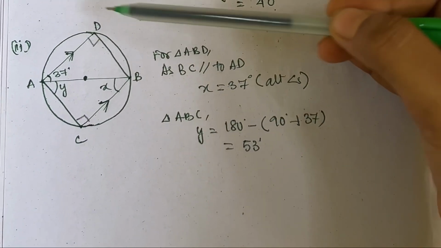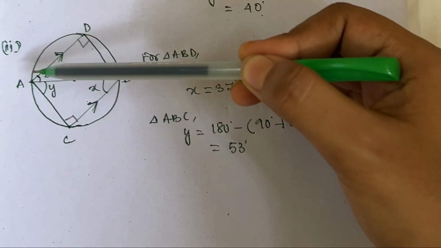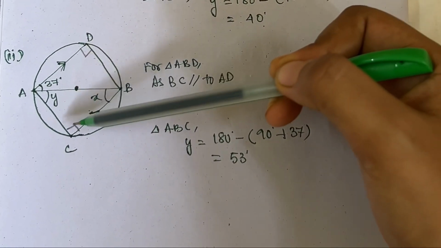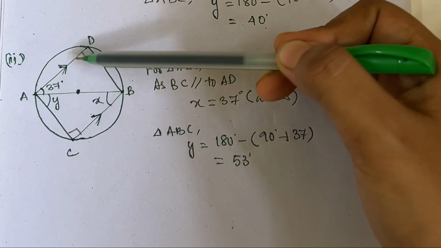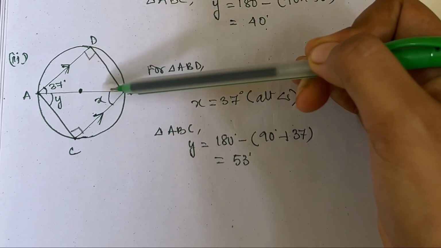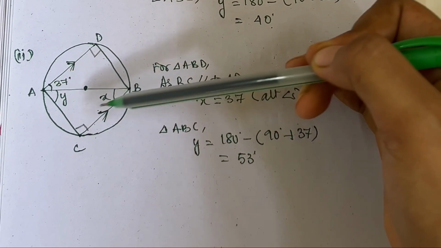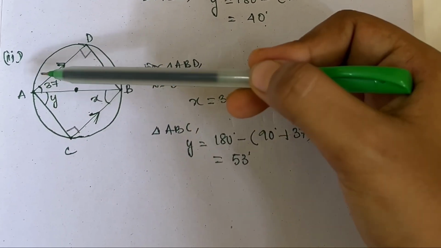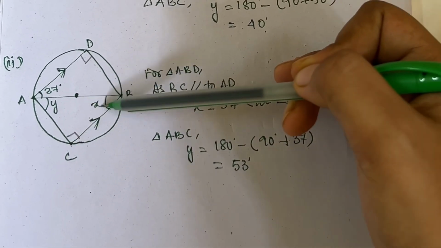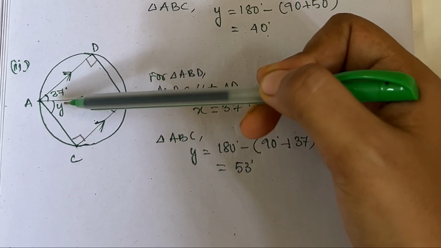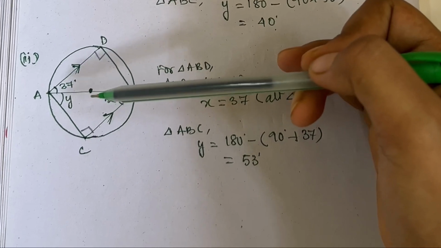For 5.2, this is the diagram, and it is said that AD is parallel to CB, and this is the 90 degree because angle in a semicircle is a 90 degree, that we know. So as AD is parallel to BC, X is equal to 37 degree because of alternate angles.